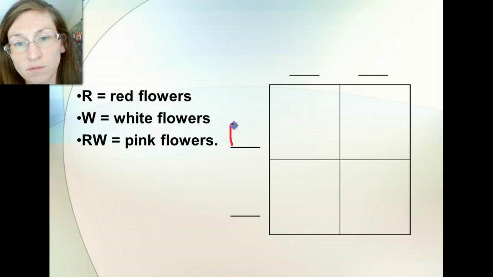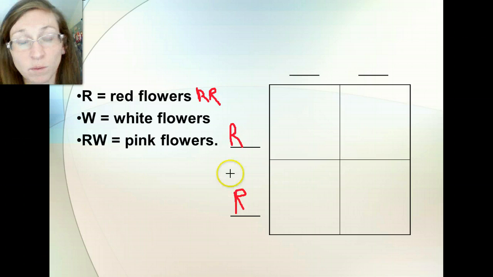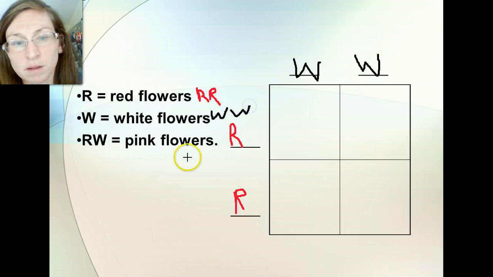Homozygous red flower, and I'm going to put the gametes that are possible, so this would be RR. White and white, but you wouldn't be able to see it. So mix it with a white flower, WW.